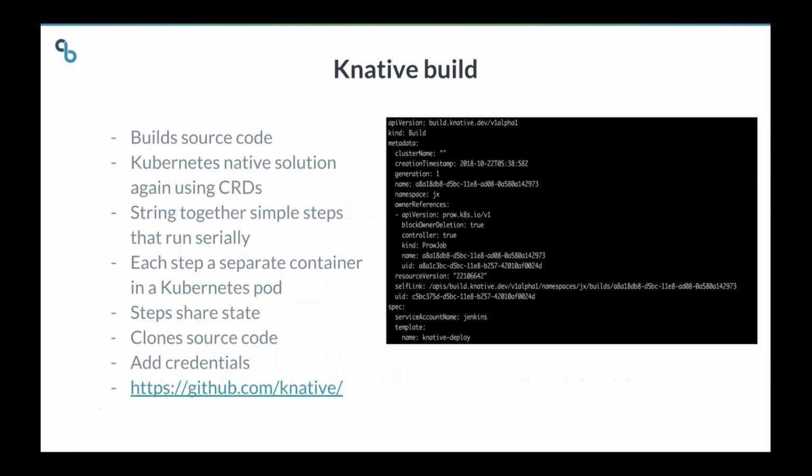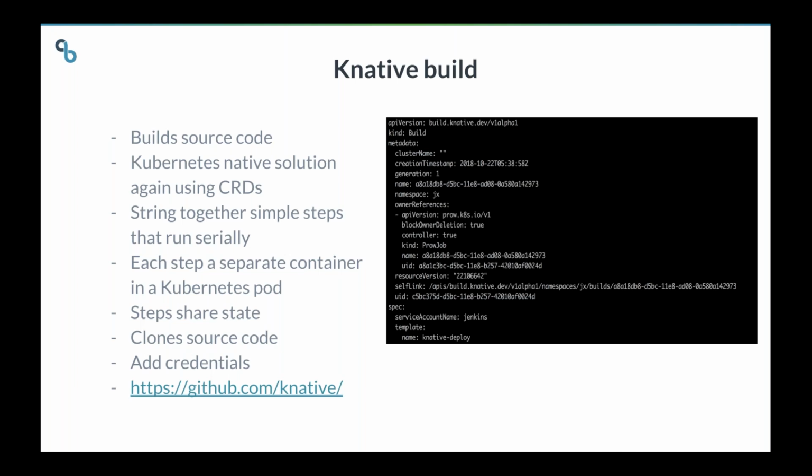The second project I wanted to talk about is Knative Build. Again, from the Kubernetes ecosystem, there is an effort around having a consistent way to trigger builds or have builds run on Kubernetes. This is obviously very interesting from a Jenkins point of view. Again, it uses custom resource definitions, so extending Kubernetes in the way it's intended to be extended.